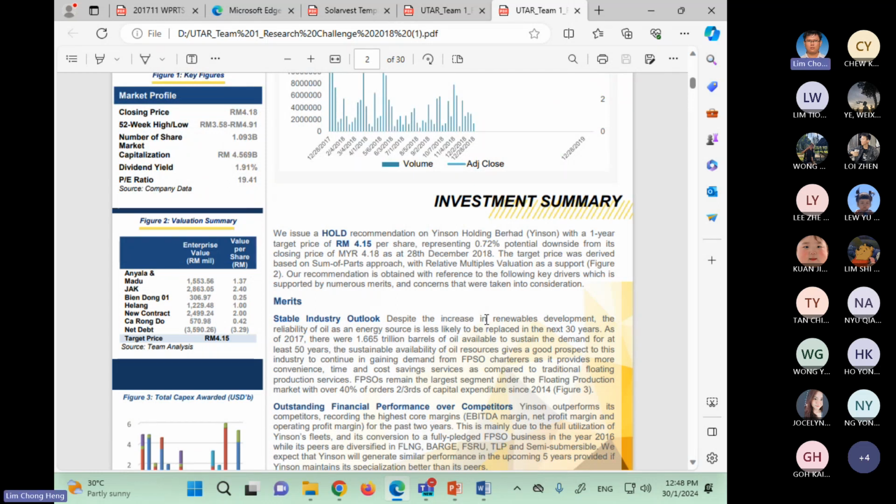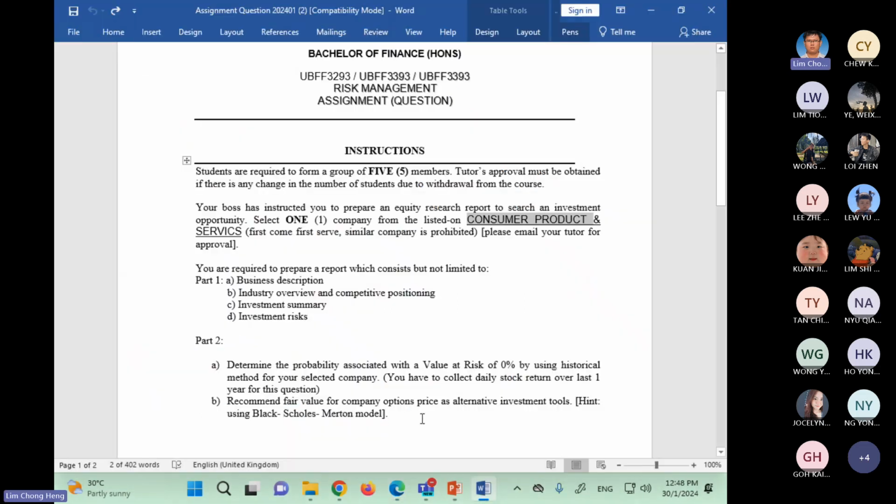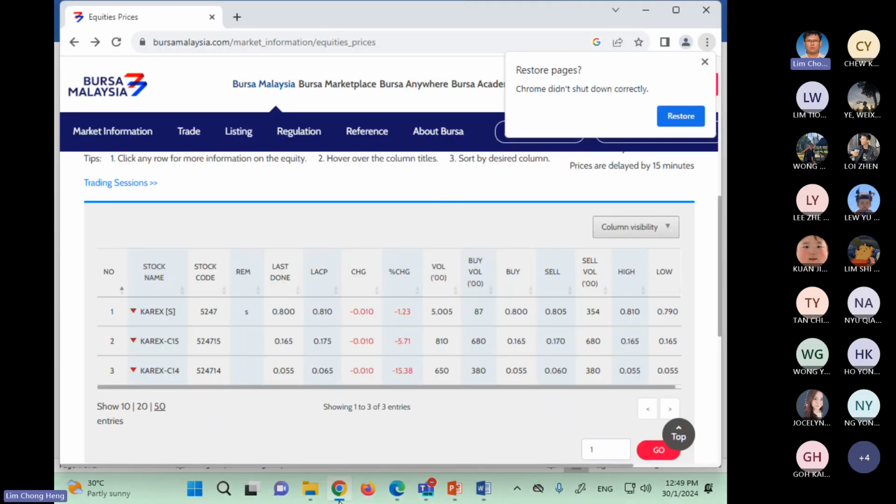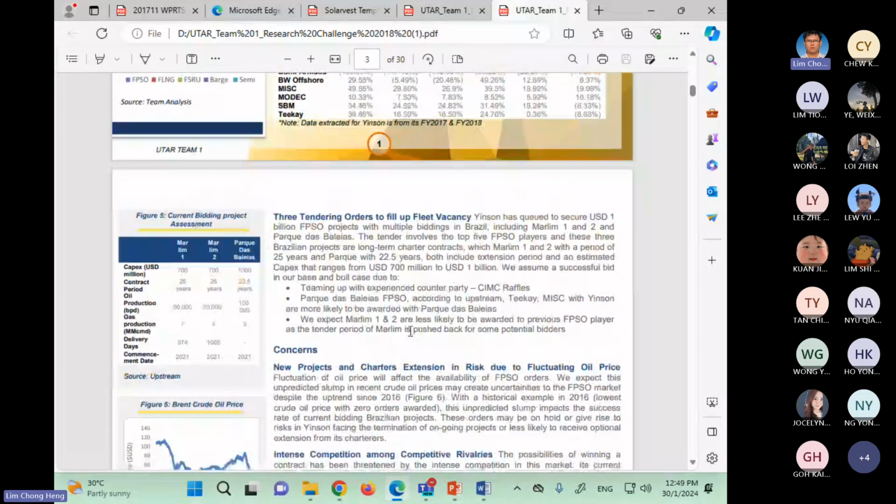I mean your assignment must start from the second page. My assignment requires you to answer business description, industry overview and competitive position, investment summary, and investment risk. You must start all of these on the second page.